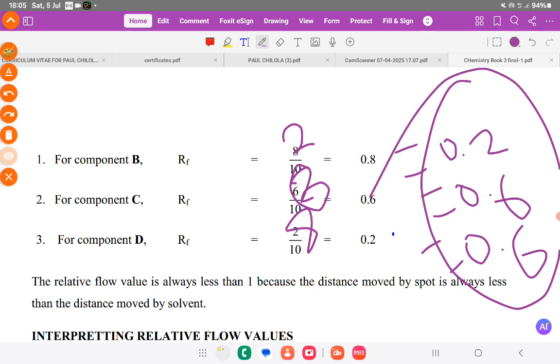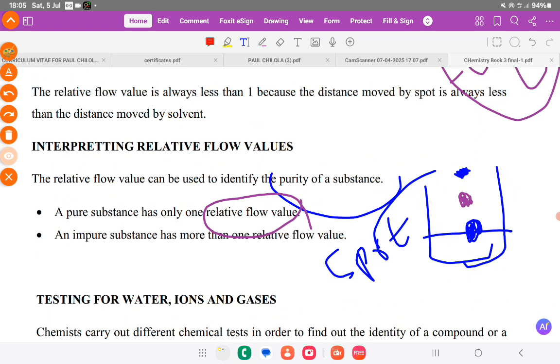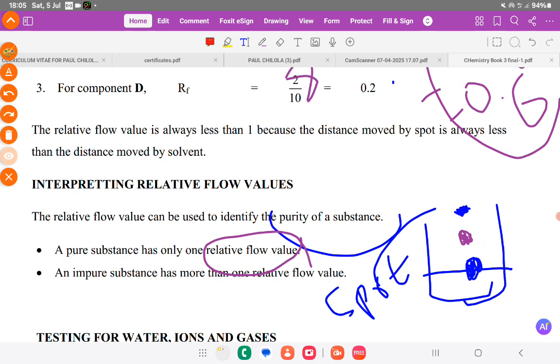Here there are several relative flow values, which means that the substance is not pure. But for a pure substance, you only have one relative flow value. An impure substance, however, will have more than one relative flow value.